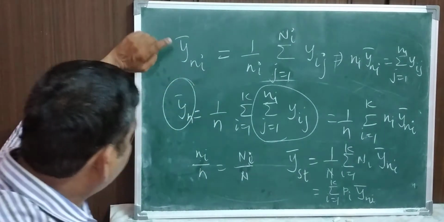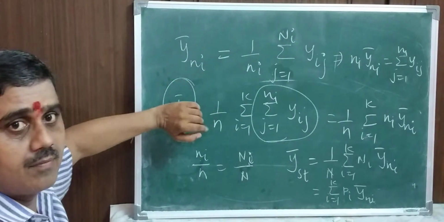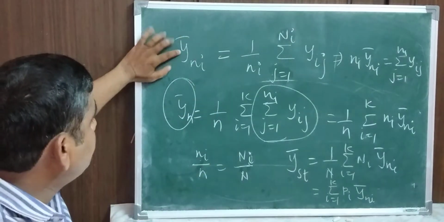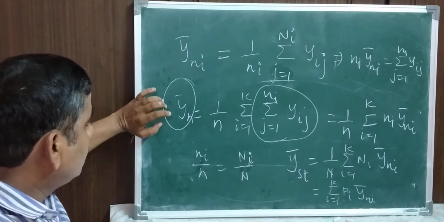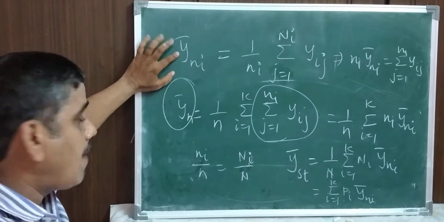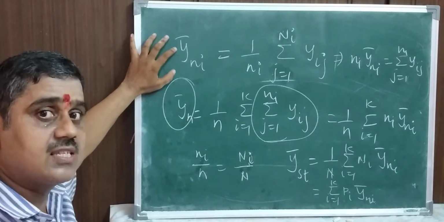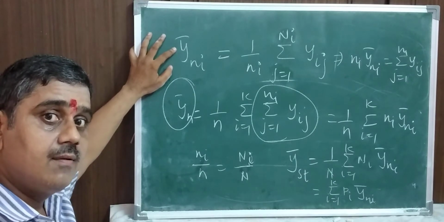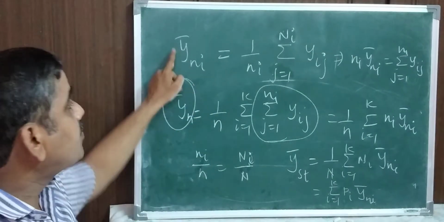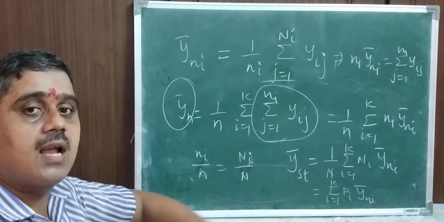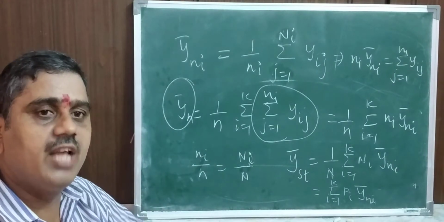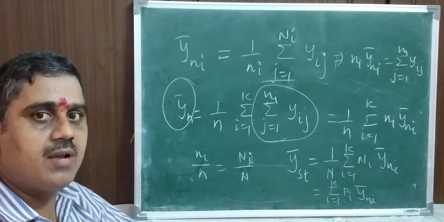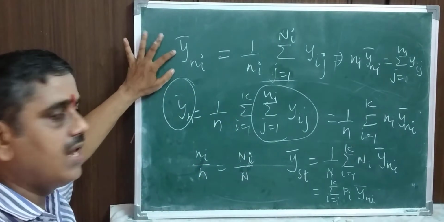So now you see, this is the simple random sample mean, the mean of these sample units. Why? Because these particular units are drawn by using the SRSWR technique. There we apply the simple random sampling technique. Therefore, it is the simple random sample mean.